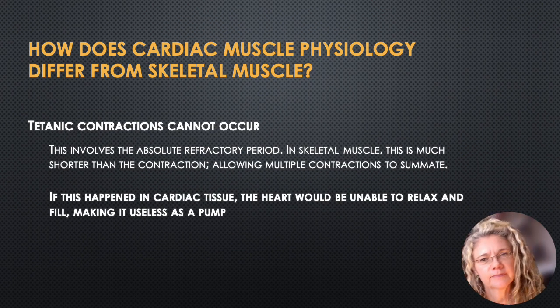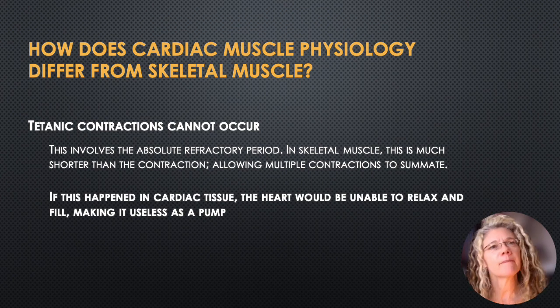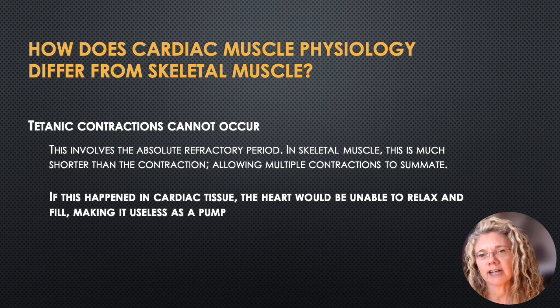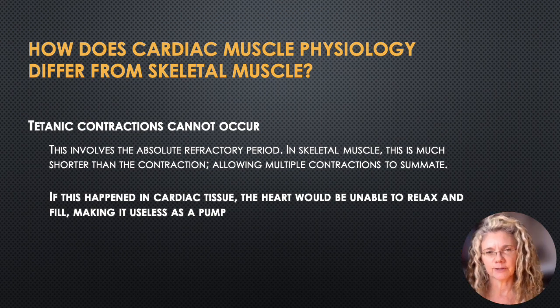All right, flashback to AP1, Chapter 9. In skeletal muscles, we get tetanic contractions. Remember back in Chapter 9, we talked about how skeletal muscles use summation and recruitment for graded muscle contraction. That allows us those fine motor skills.